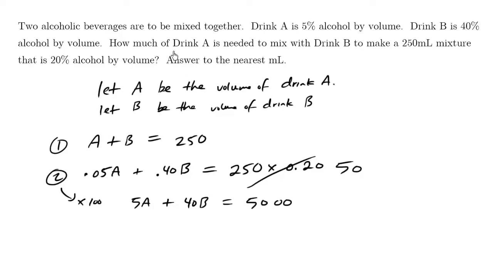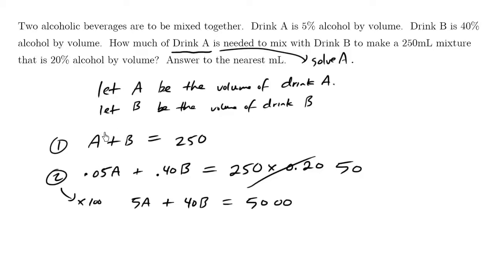And the question here is how much of drink A is needed to mix with drink B. So we need to solve for A. To solve for A, I want to eliminate the B's. When I look at this first equation here, the B is 1, and this here is a 40B. I want to make them the same so I can eliminate them using elimination.